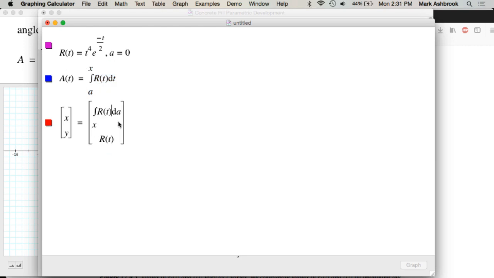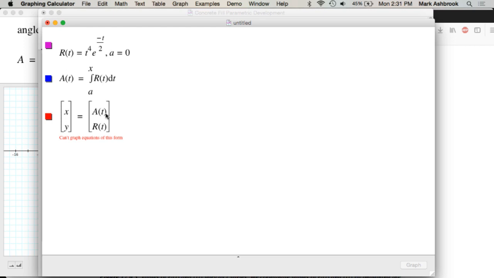And now in here we want A of t. What's that? No, but parametric functions are going to be functions of t. You need to use t. That's the point. You need to use t.